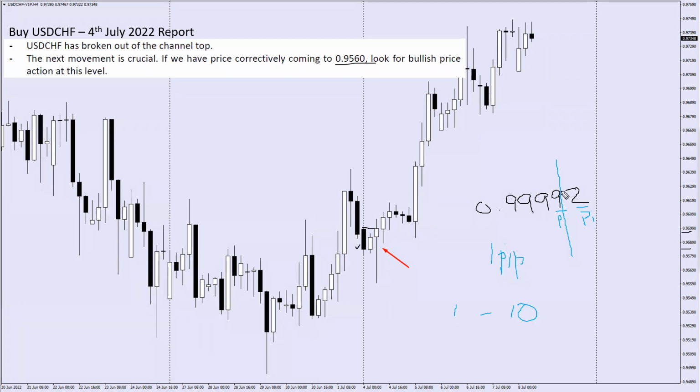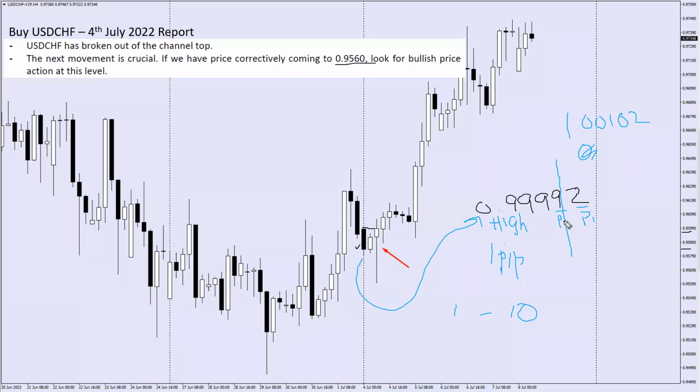So for example, if this is the high of this candle right over here, all you need is for this bullish candle, this white one, to go to 1.00102.